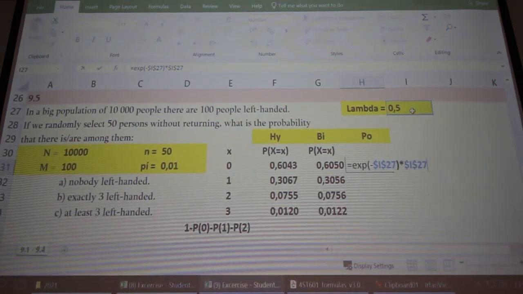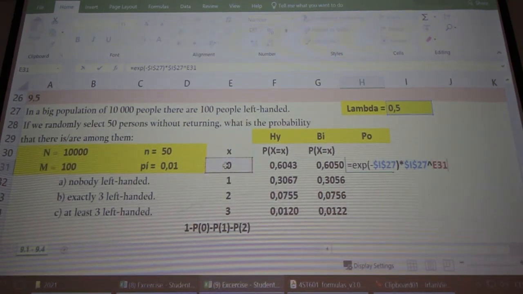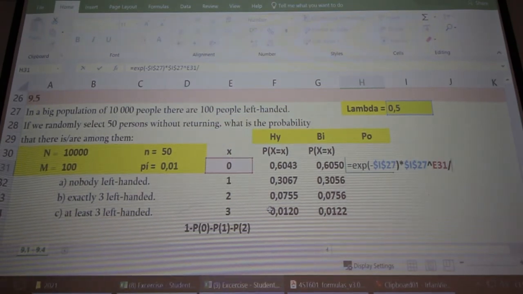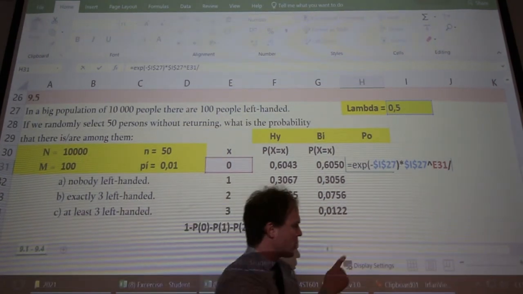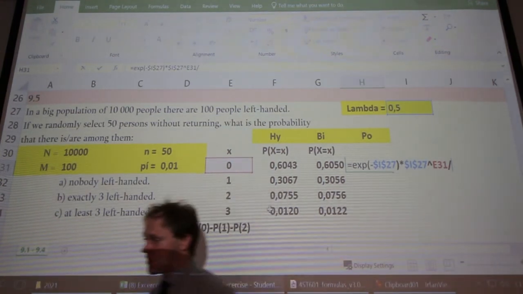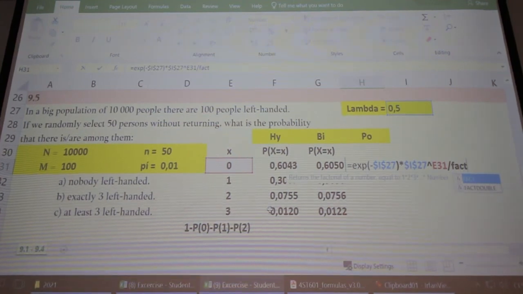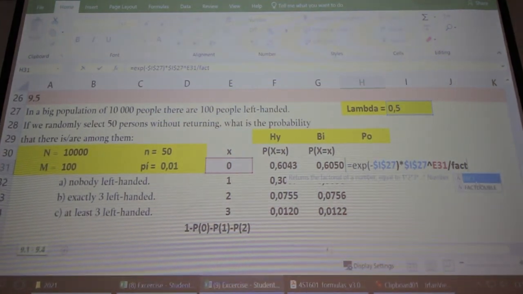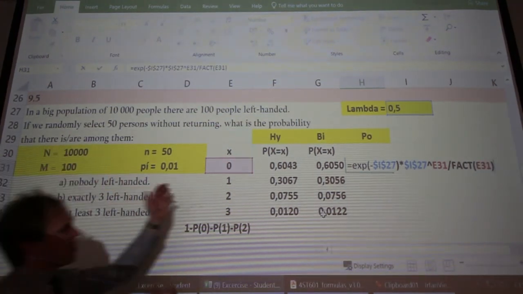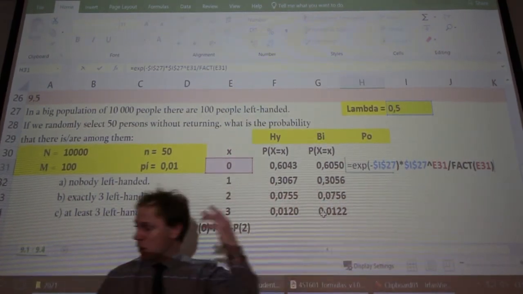Again the power function, the hat, powered by x, and this is divided by the factorial of x. Do you remember the function which I wrote for you on the whiteboard? FACT returns the factorial of a number, factorial of x. Close the parenthesis. Can you see what is parameter and what is variable? So please click on enter.